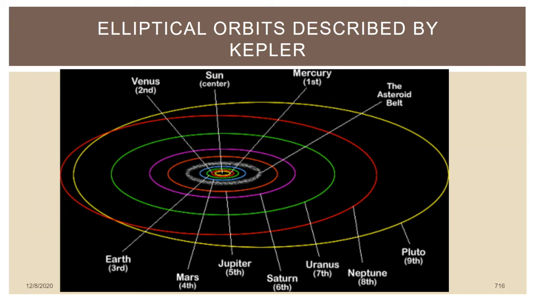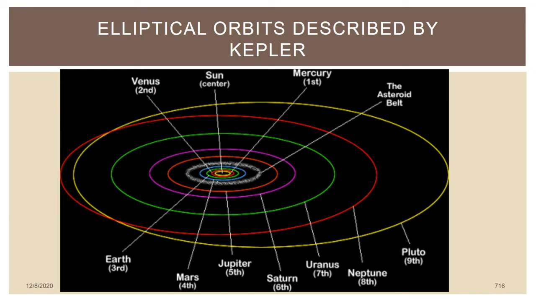In a game of which one of these is not like the other, the answer is definitely Pluto. Notice Pluto is not a planet anymore. It crosses the orbit of Neptune twice. But you can see here that Pluto's orbit has a pretty high eccentricity compared to the other planets in the solar system.